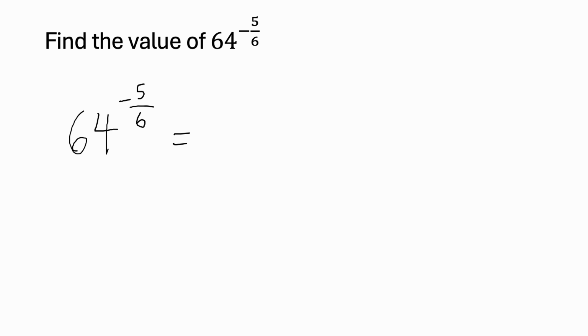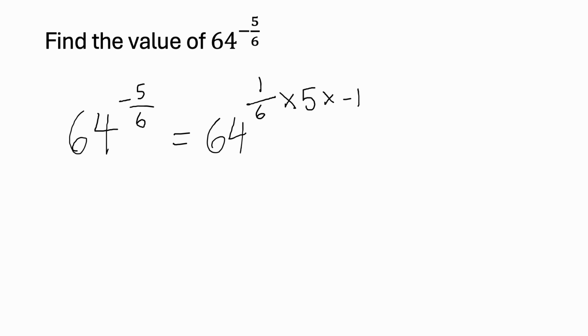So what I'm saying is I will split this into 64, then I do the fractional power first, and then the number, so the power, the 5, and then the minus 1. So let's do it. 1/6 essentially means we have to find the 6th root of 64.